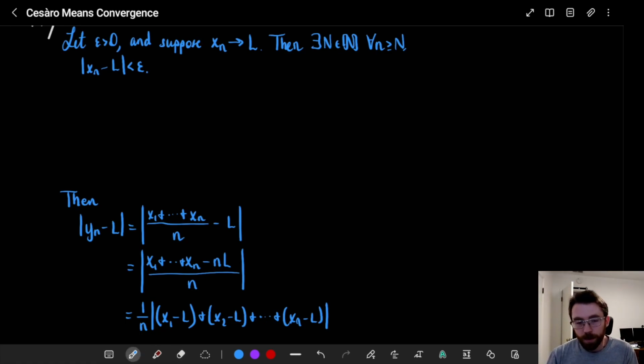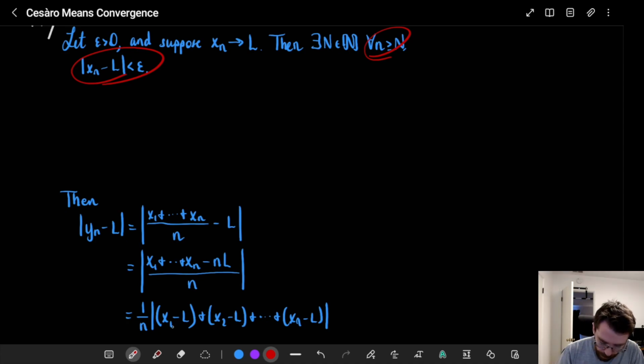Okay, this is where we need to start making some adjustments. This is where the first nuance comes in, as I was saying in the beginning of the video. The first nuance is this less than epsilon criteria only holds for sufficiently large n, right? Only if I go far enough in the x sequence do I start getting terms really close to the limit.